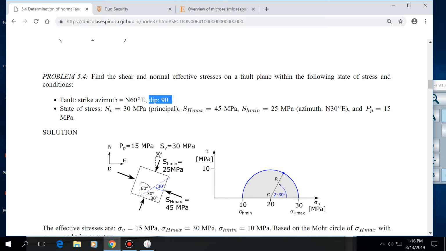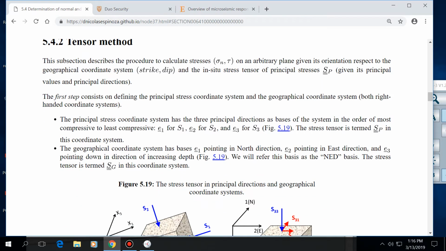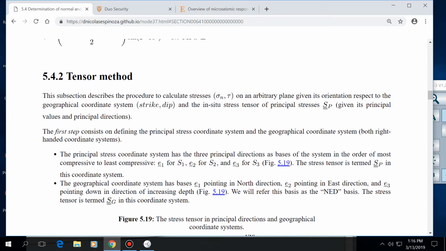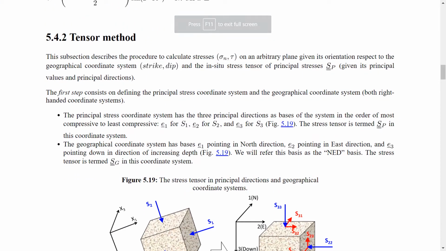So what do you do when you cannot use the Mohr circle method? Well, in that case, you're going to have to use a more complex method that we're not going to go through in class, but you can read about it in the notes, and it's just mathematics.